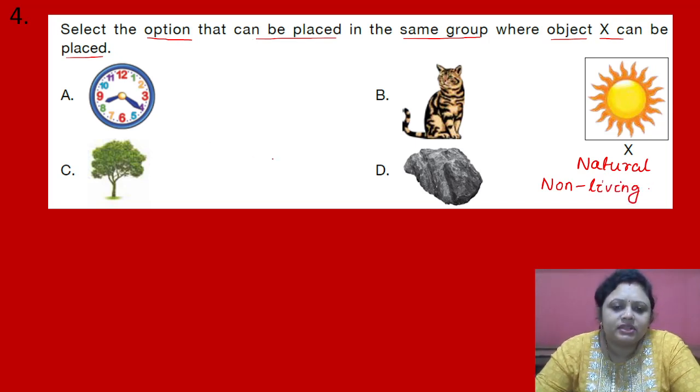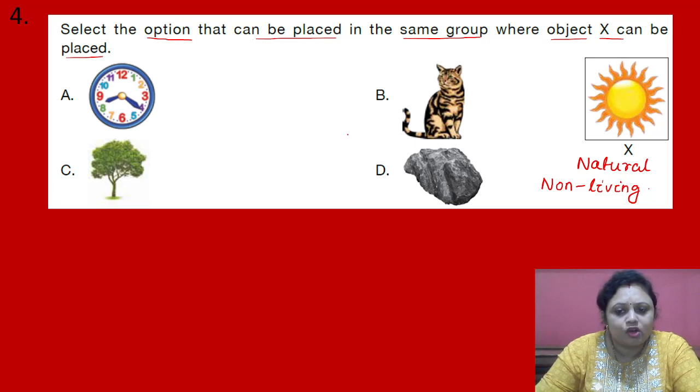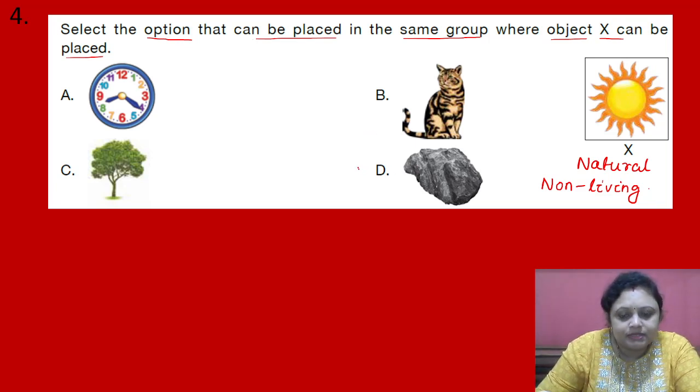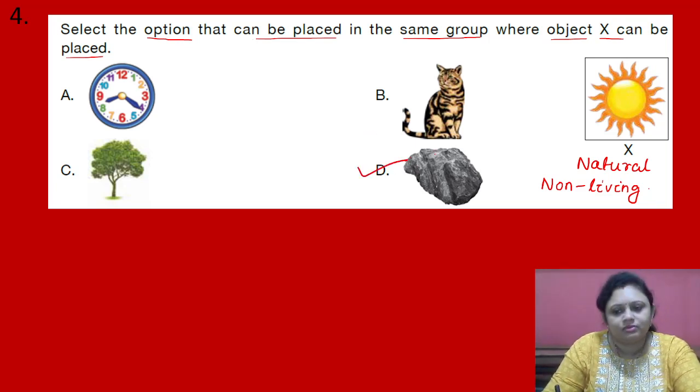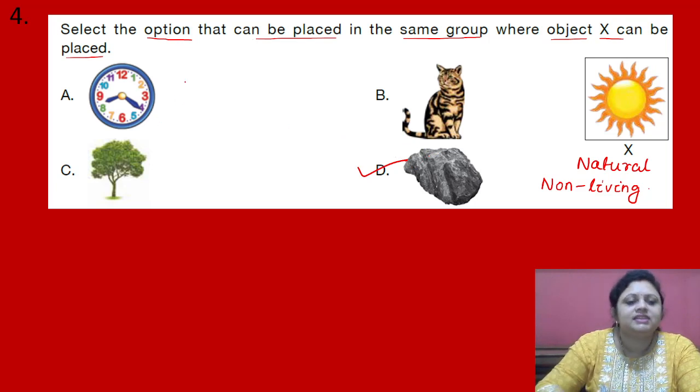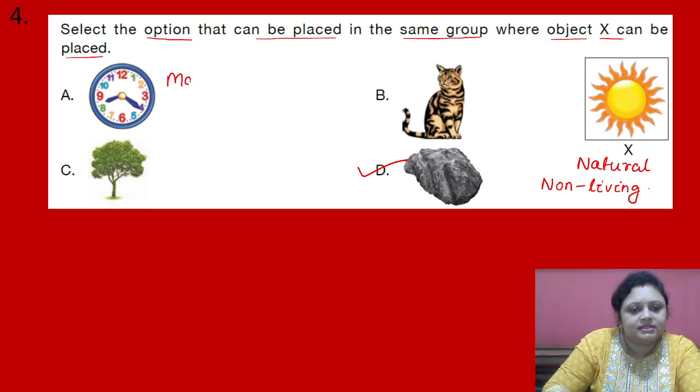Among these, which is natural and non-living? That is this piece of rock or stone. Then this clock is not natural. It is prepared by man. It is man-made, and it is also non-living.